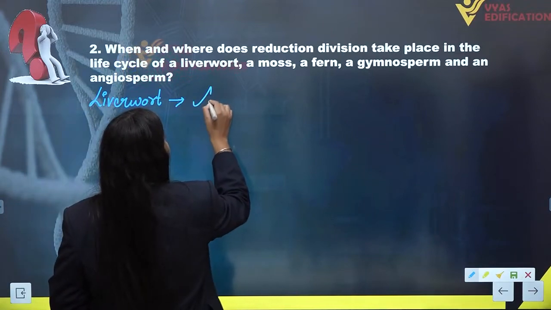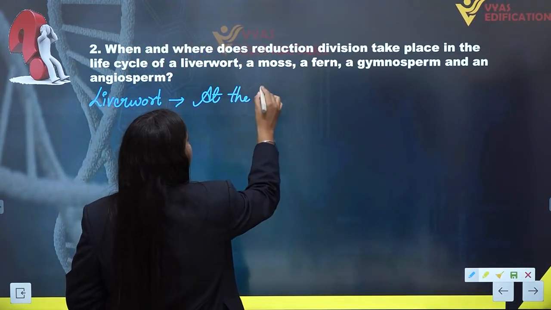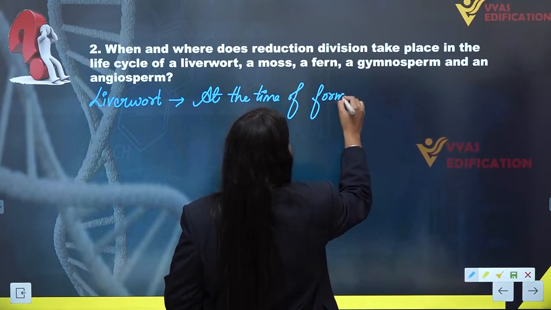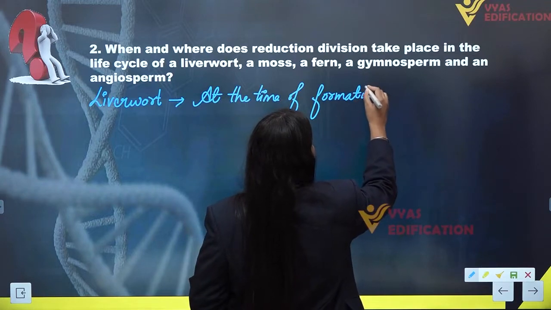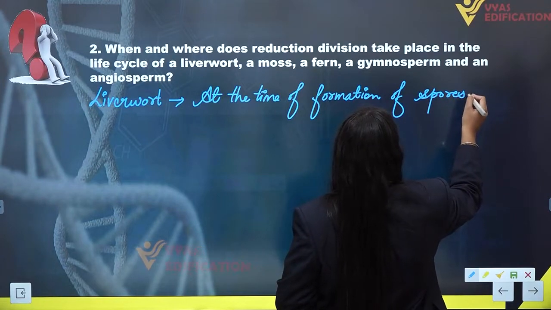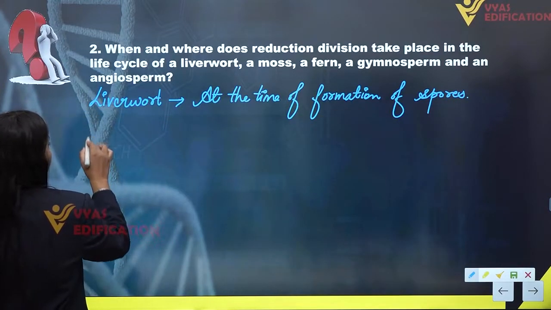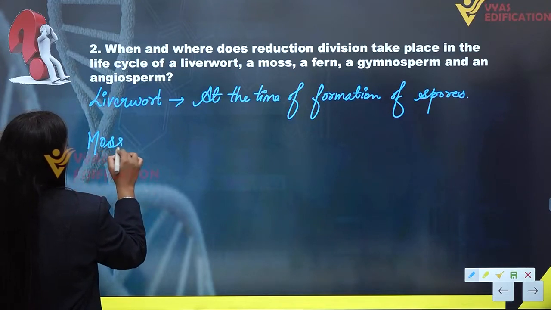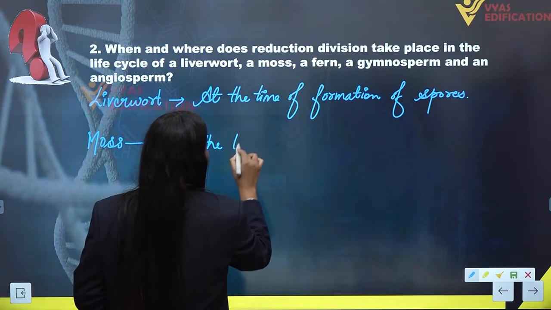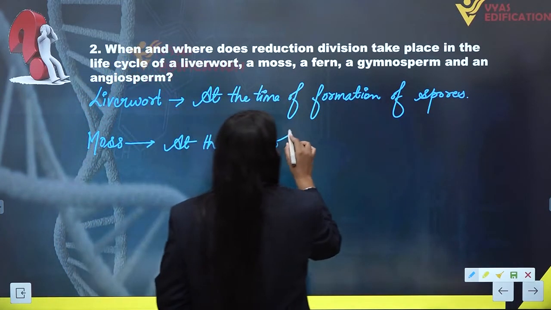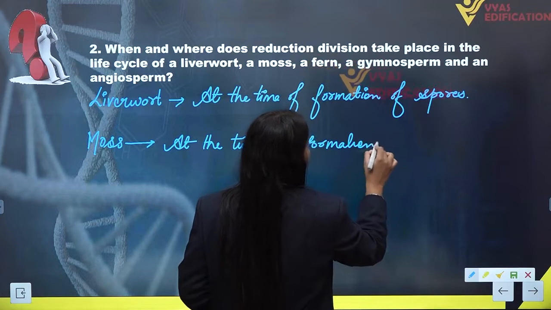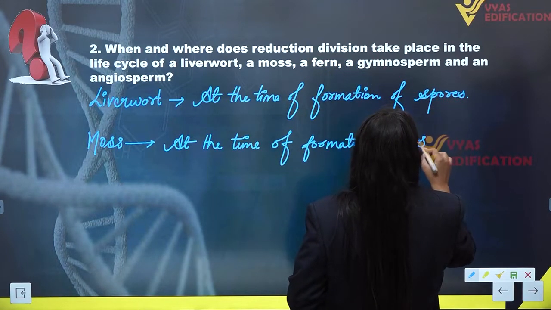then at the time of formation of spores. And if you talk about the moss, then the same thing goes for moss, at the time of formation of spores only.